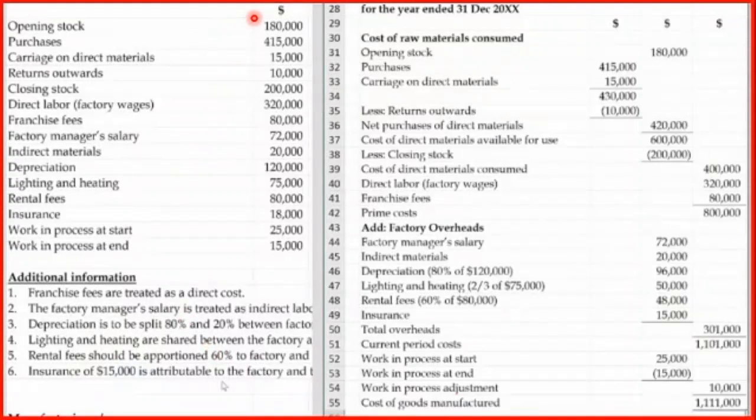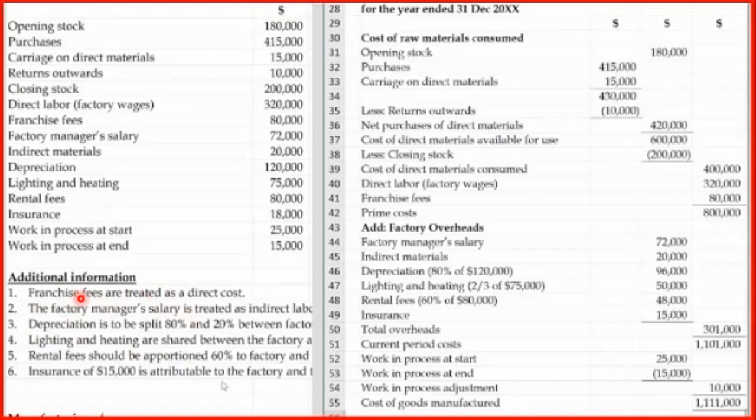Here we have another one. This time we have what is called additional information here. Before you can put these figures into your manufacturing account, you have to adjust for these. By adjust, we mean you take into consideration what is being said here, right?